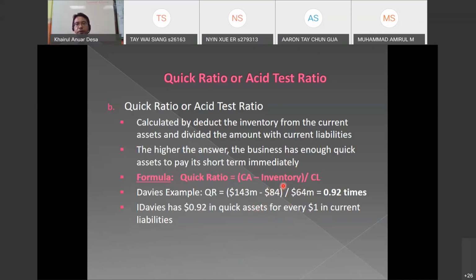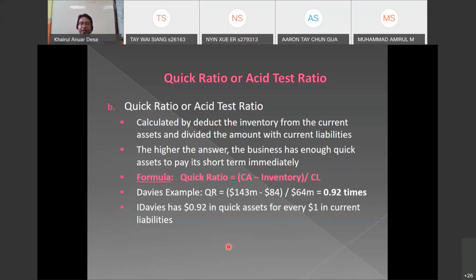So the recommendation is syarikat perlu meningkatkan aktiviti jualan atau meningkatkan aktiviti pemasaran, promotion and so on, so that this company can increase the effectiveness of inventory management. Okay, that is the technique for how you will do the group project.